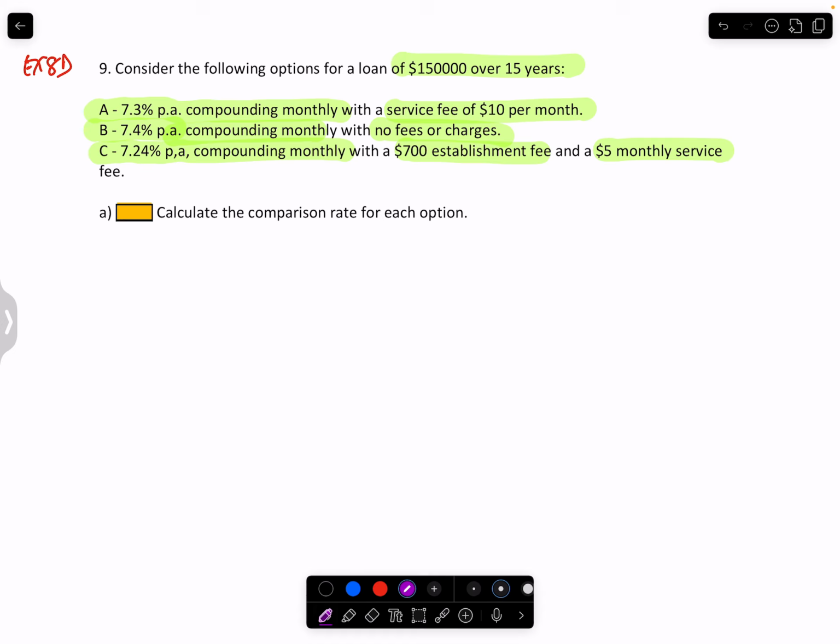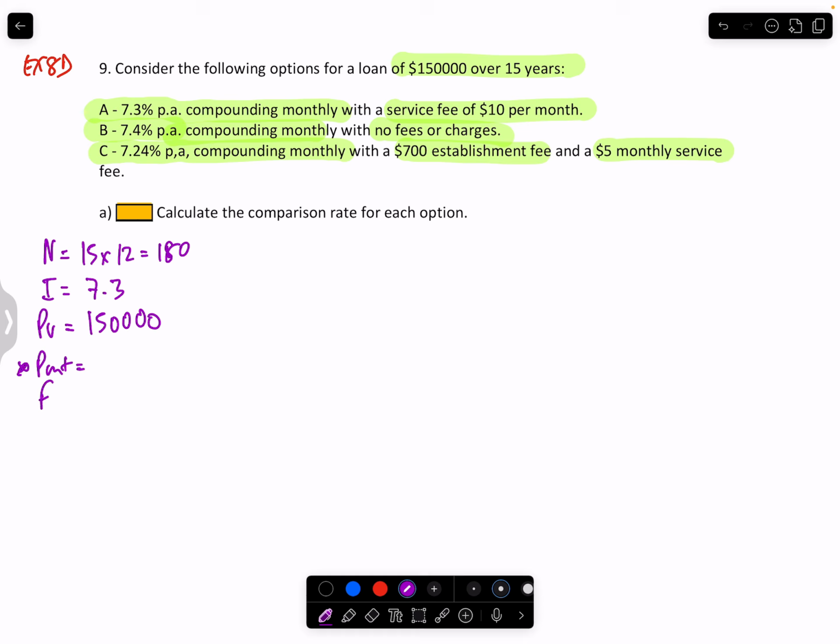So, first one, it's got a service fee of $10 per month. N, 15 times 12 is going to be 180. The interest rate it claims to be is 7.3% per annum. PV is going to be the straight 150,000 because there's no establishment fee. PMT, we need to work out what PMT is.